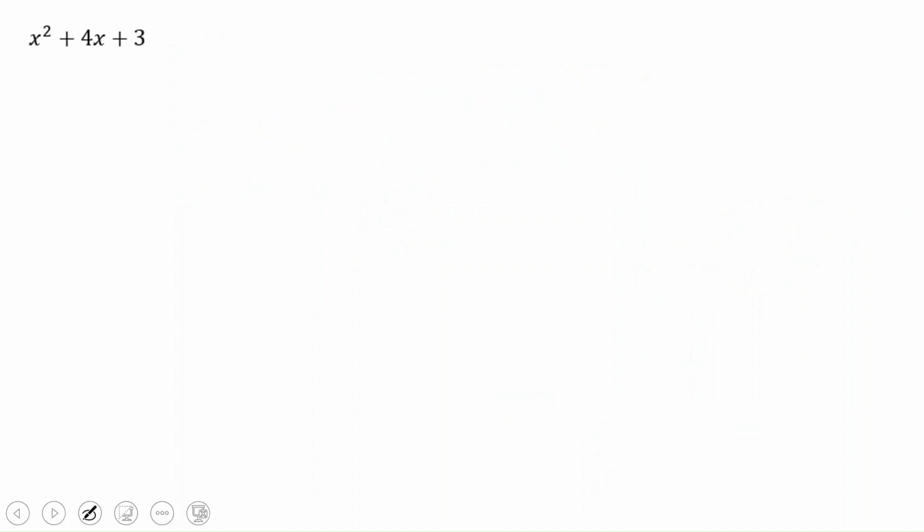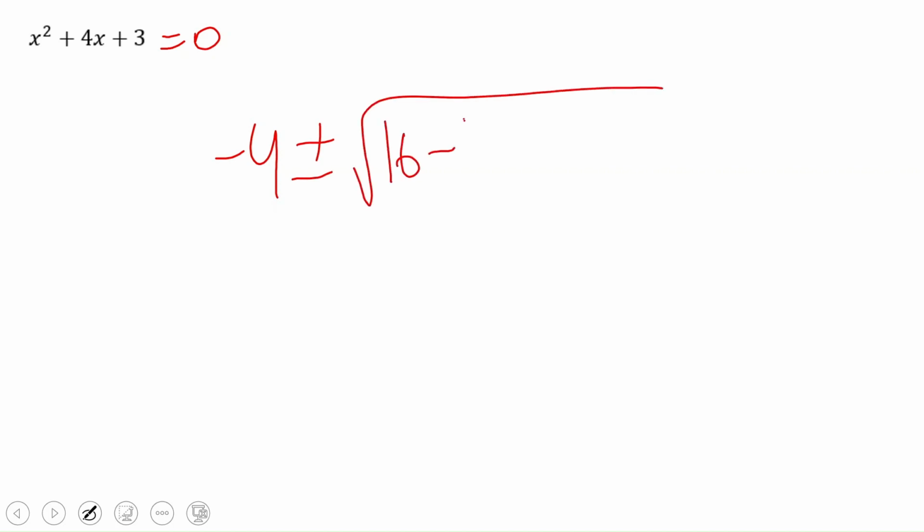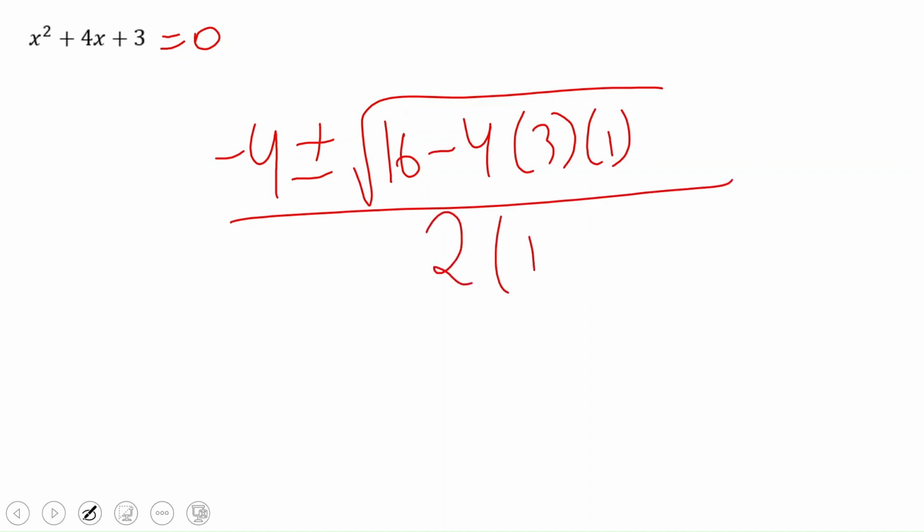Next, x squared plus 4x plus 3. For this one, just use a similar idea. This is equal to 0, so we get minus b plus minus the root of 16 minus 4 into 3 into 1, divided by 2 into 1.